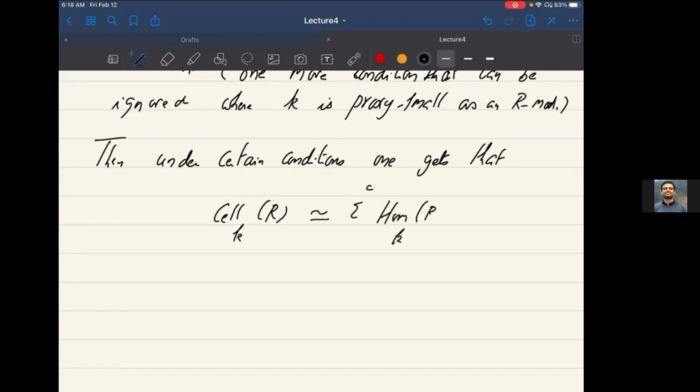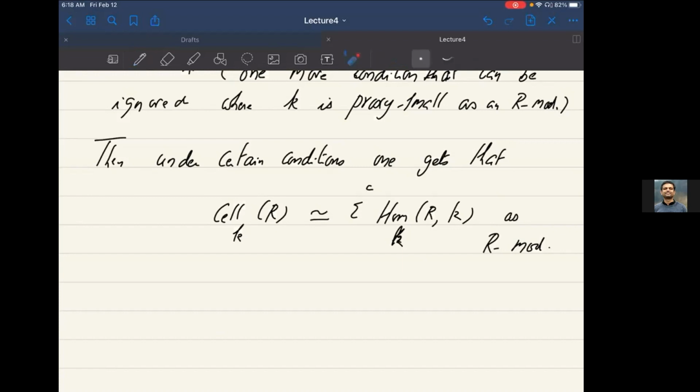One can still form this module, as R modules, again interpreted in the right context.